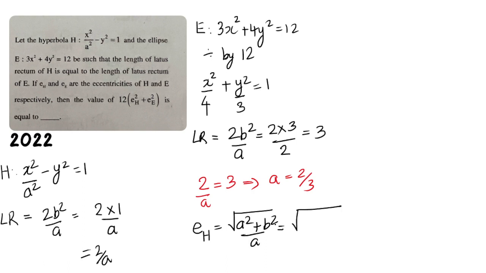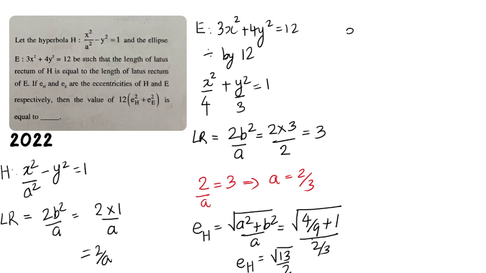So the value of a square will be 2 square is 4, 3 square is 9, so it is 4 by 9 plus b square's value is 1, divided by a's value which is 2 by 3. So the eccentricity of hyperbola you will get on solving root 13 by 2.